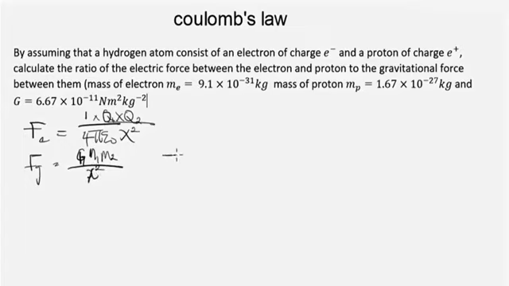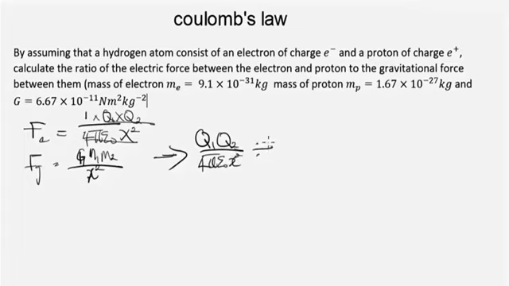Now having this, we have Q1 Q2 over 4 pi epsilon naught x squared.